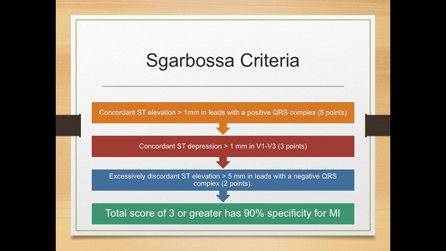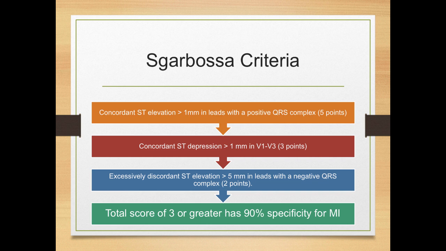It's kind of that like, meh, maybe, possibly, kind of, probably: excessively discordant ST elevation. And this is greater than 5 millimeters in your leads with a negative QRS complex. So let's go back to V1. Should be negative. You should have, in the left bundle branch block, discordant T waves, you should have an upright T wave.